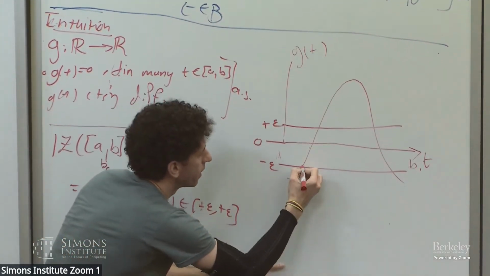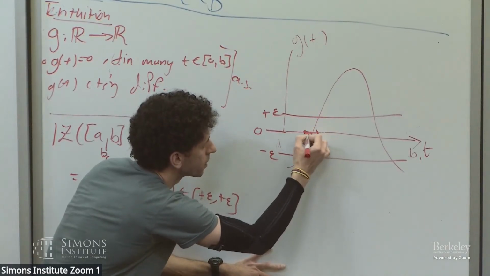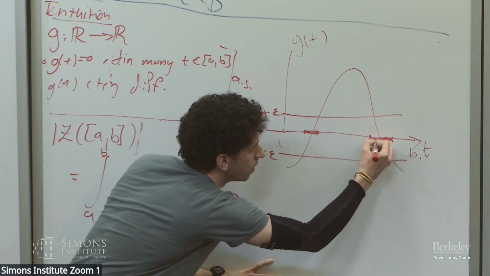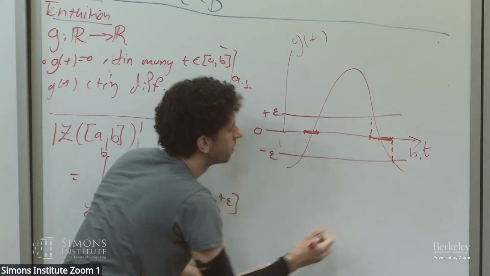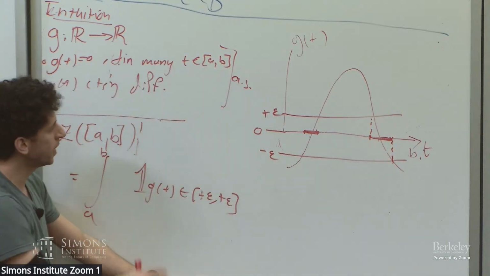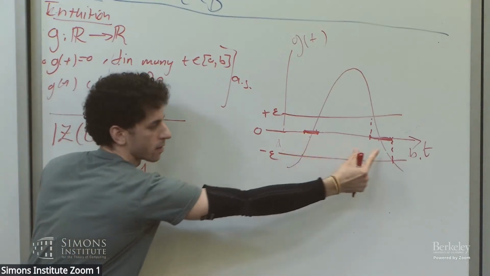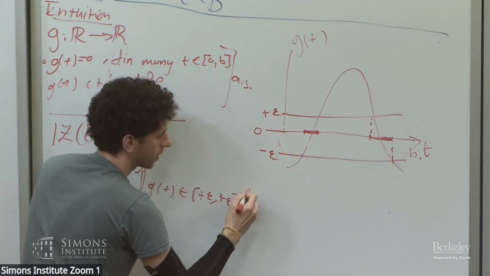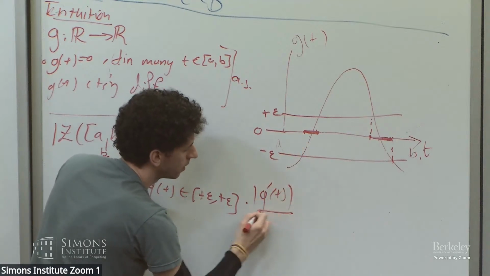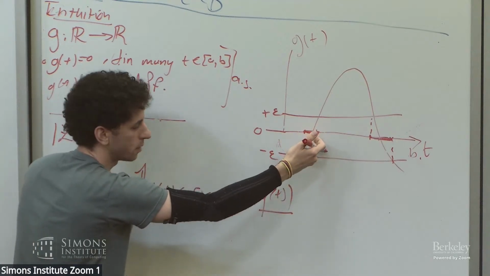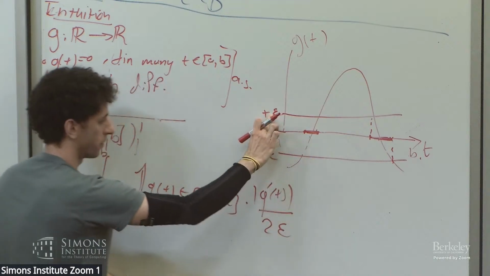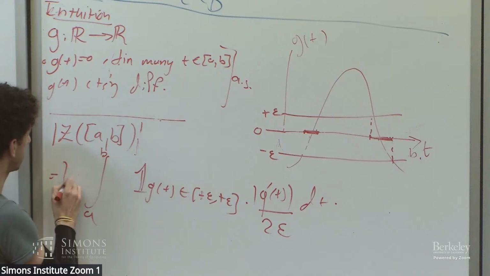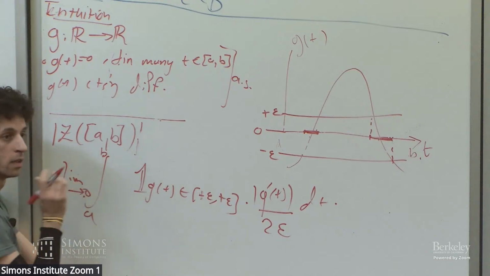So I'm integrating the values of t that correspond to values of G within this band. Right now, I just get the length of this one plus the length of this one. I want 1 for each zero, so I'm going to scale this by the absolute value of G'(t), the slope at the point, and divide by the width of this band. And this becomes accurate as I take epsilon to 0.